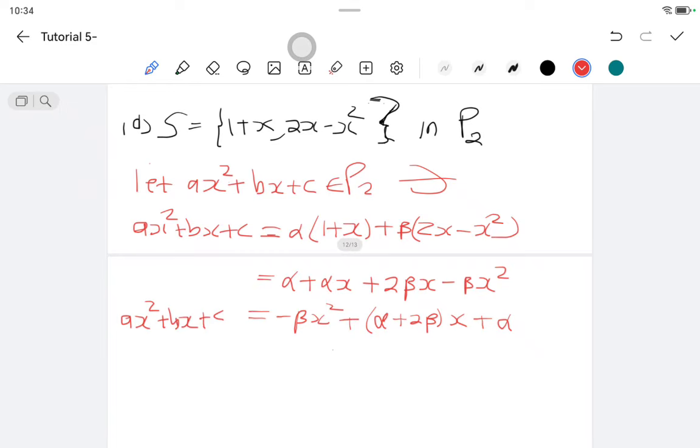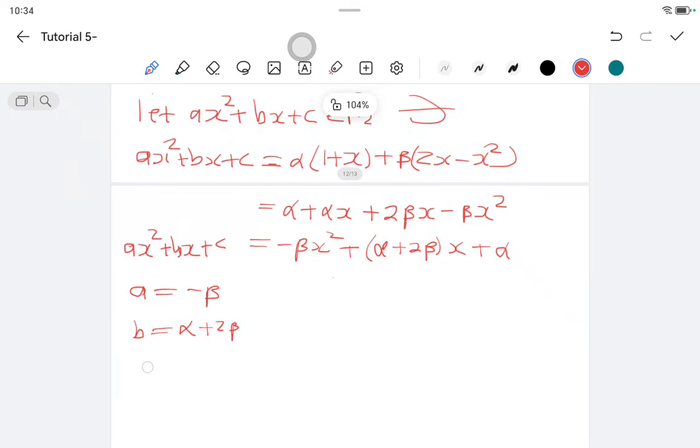Then I equate a to be equal to minus beta. I equate b to be equal to alpha plus 2 beta. Then I equate c to be equal to alpha. You see, right?